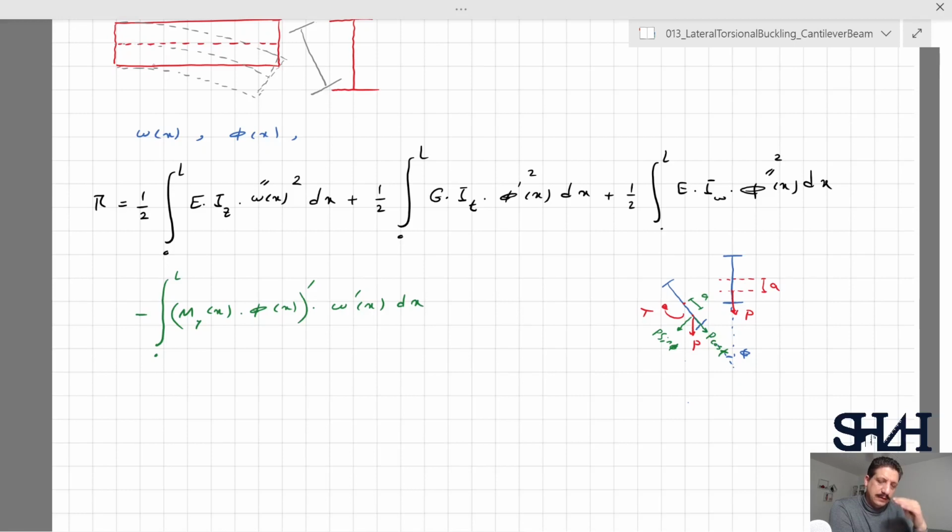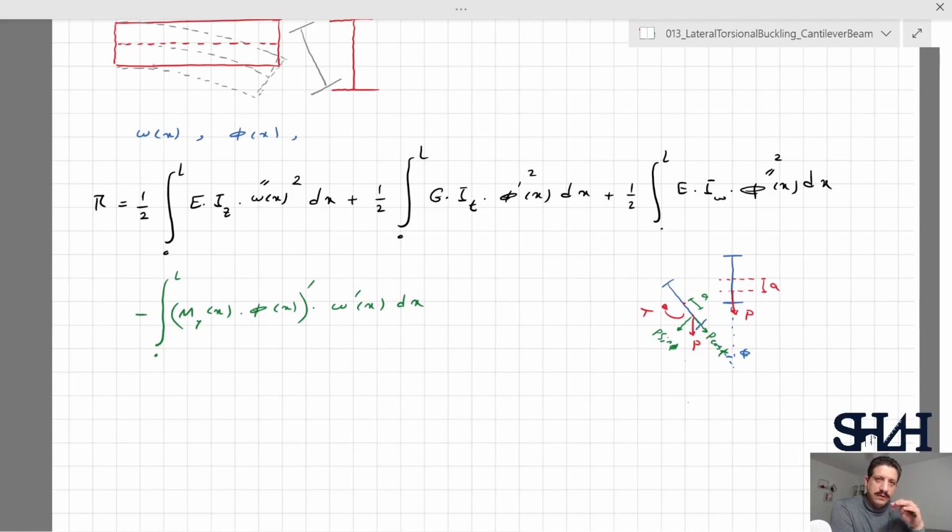In this case, if force is lower than the centroid, in this example, the centroid is exactly the shear center, it should be considered as well. Torsion is in the opposite direction of the movement. As a result, this force is stabilizing the element. But assume that A is negative or the force is applied upper than the centroid of this cross section.